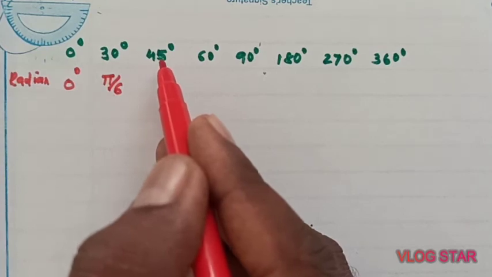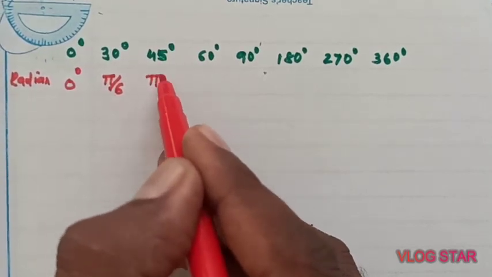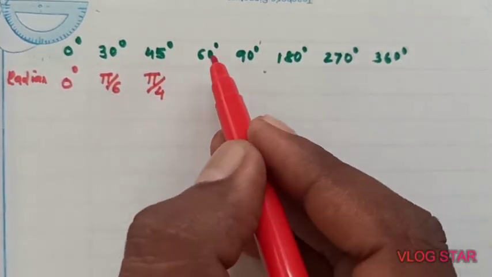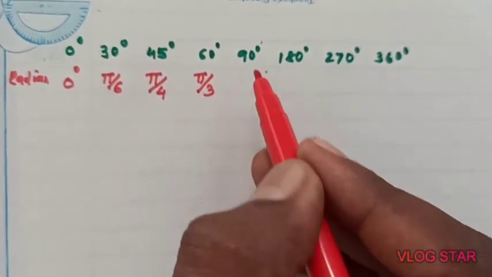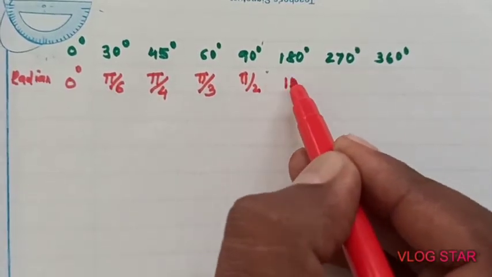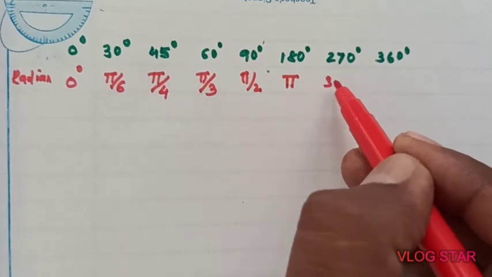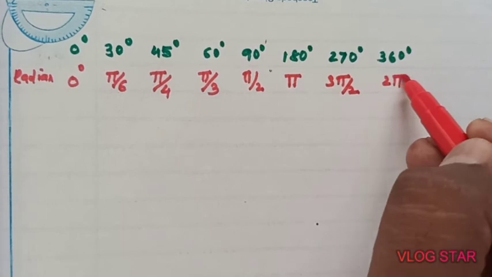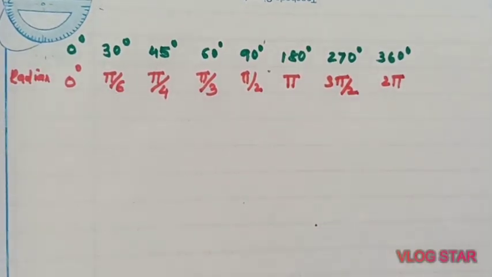So 45 is 1/4 of 180. So pi is equivalent to 180, 180 divided by 4 is 45. 60 is the third part of pi. 90 is half of pi. 180 itself is pi. 270 is 3 times pi by 2, and 360 is 2 times pi. This is about one rotation, and this goes on for multiple rotations.